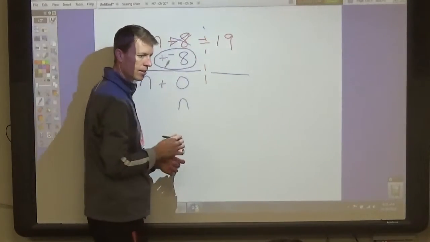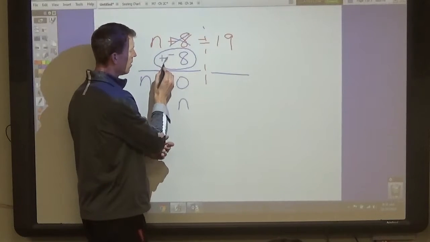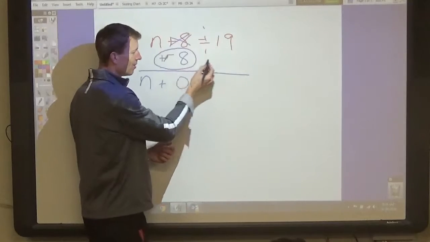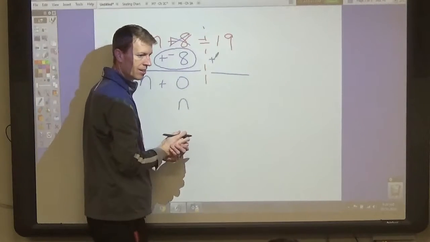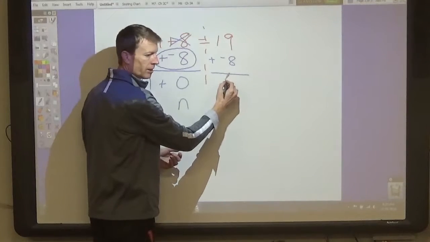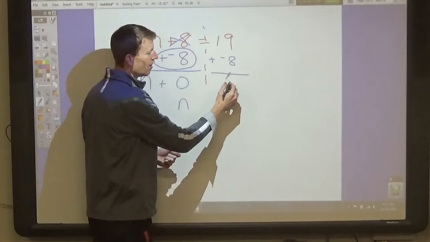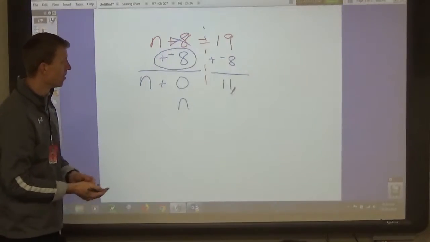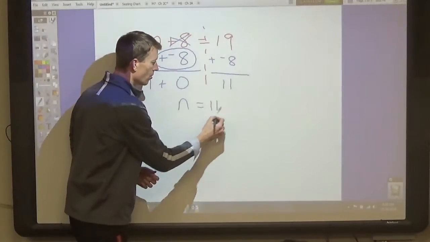So we have to put the plus in there, and then negative 8. And that equals, so that shows that n is equal to 11, right?